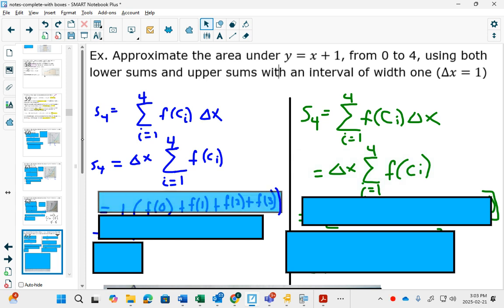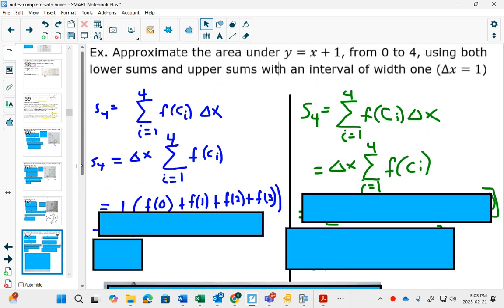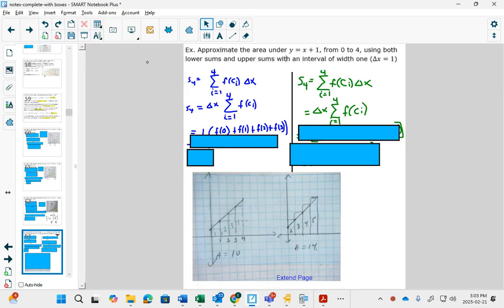Does it make sense that if I drew a picture, which I've got here, when you're doing the lower ones, because the line is increasing, the lower ones would always include the left-hand point of the interval.